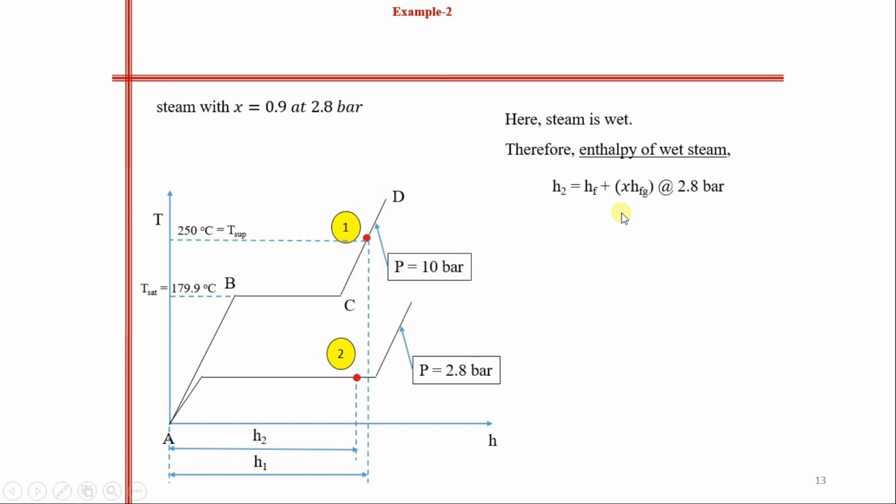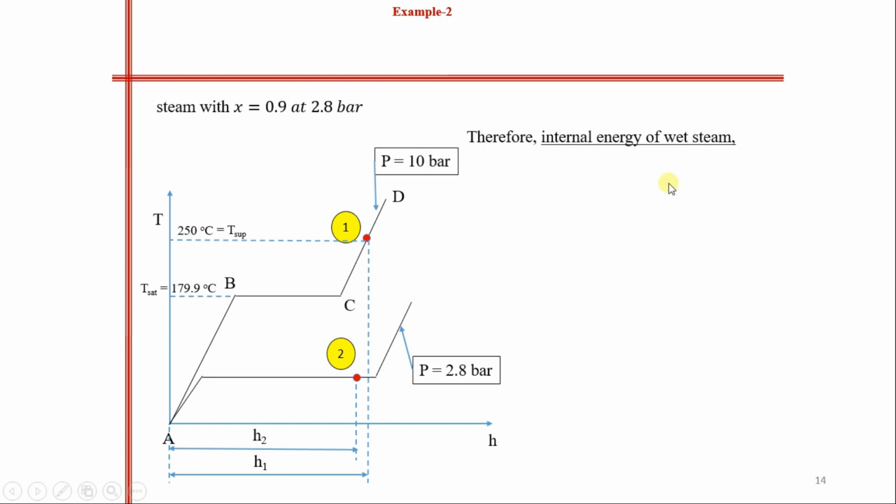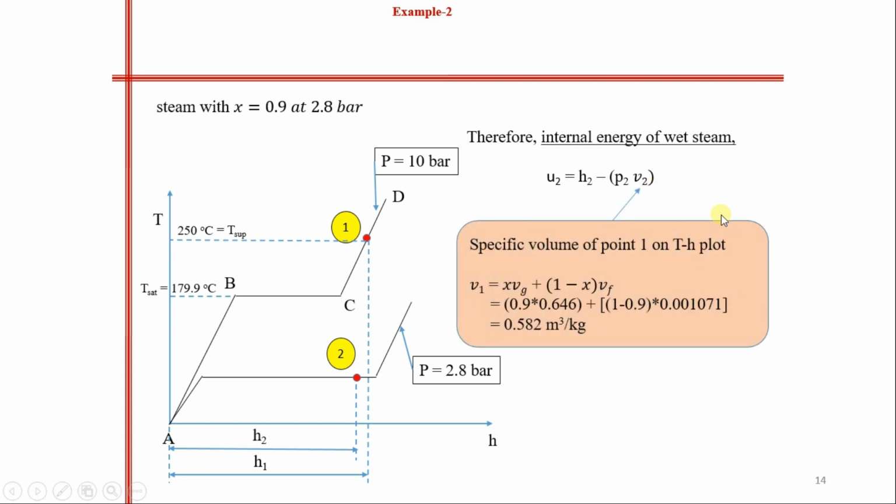Let's continue. Just substitute the values and you will get the enthalpy of point number 2 as this, and then the internal energy of point 2. The equation of internal energy is again the same, U = H minus PV, so U2 = H2 minus P2 times V2. Here V2 is the specific volume of wet steam.